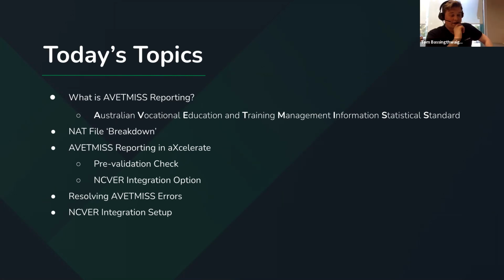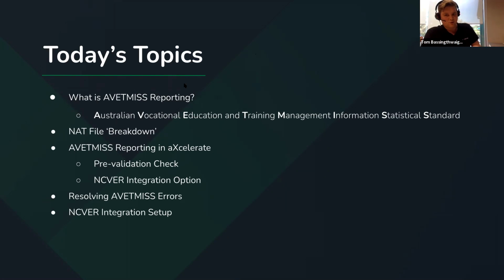We'll look at AVETMISS reporting in aXcelerate and what's called a pre-validation check, where aXcelerate runs a quick check when you're exporting your AVETMISS report to see if there are any glaring errors that can be resolved. We'll finish by looking at some AVETMISS errors and the process of resolving them, as well as a way to verify your NCEVA data within your aXcelerate account through the NCEVA integration.